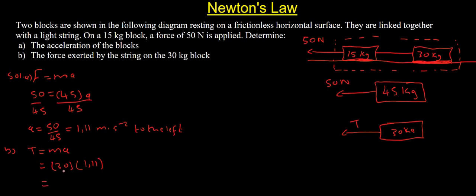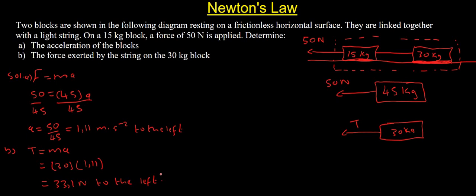So our tension is 30 multiplied by 1,11. When you punch it on the calculator, we get 33,3 Newton. And the force must have direction, which is to the left. That's the force exerted by the string on the 30 kg block.